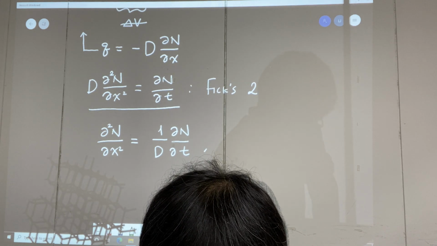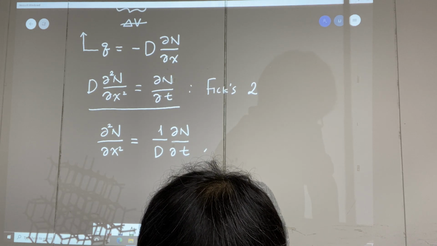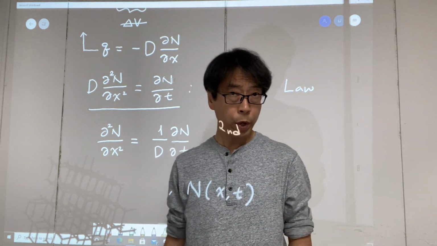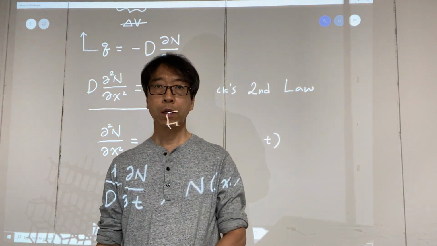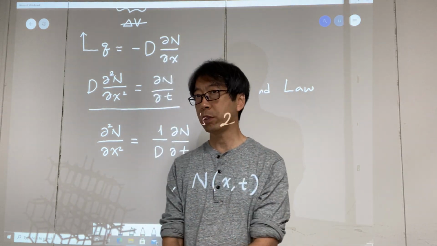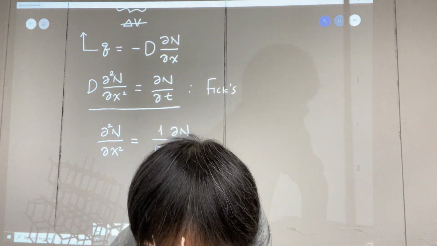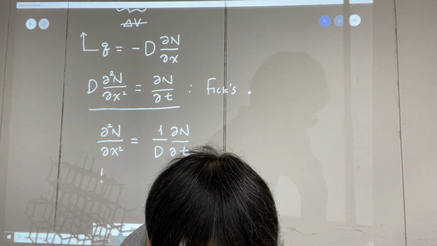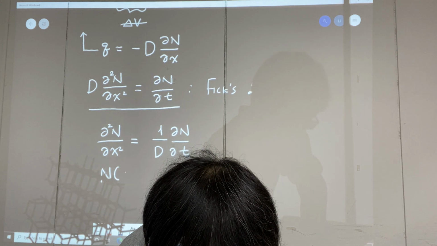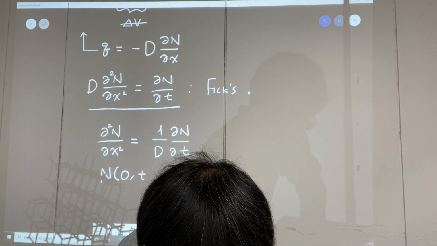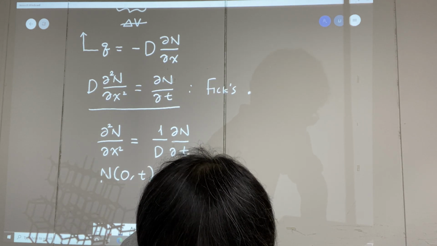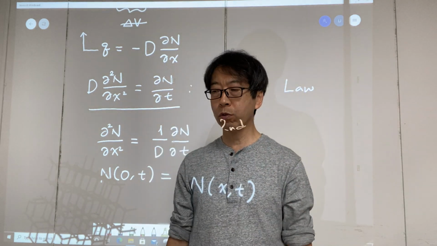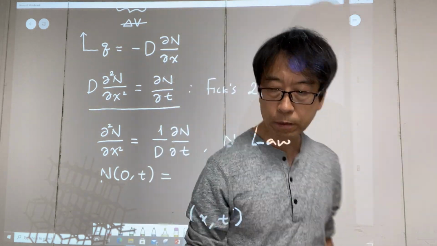Remember, n is a function of 2 variables with the initial condition and boundary condition, right? What was the initial condition? Sorry, boundary condition.